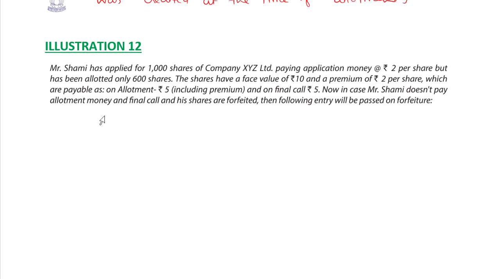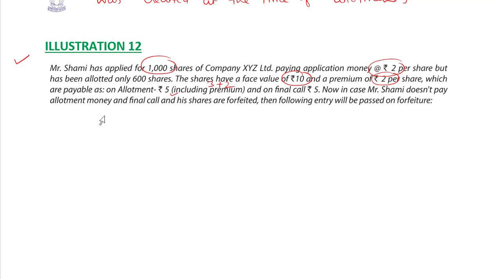Illustration 12. Mr. Shami has applied for 1,000 shares of the company XYZ Limited, paying application money ₹2 per share, but has been allotted only 600 shares out of 1,000 shares. The shares have a face value of 10 rupees and a premium of ₹2 per share, which are payable on allotment 5 including premium, that means 3 plus 2, and final call 5.